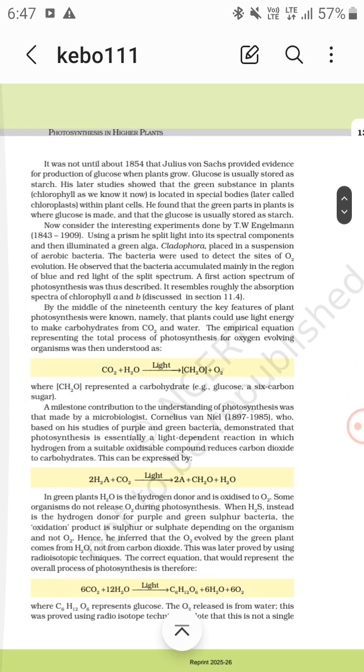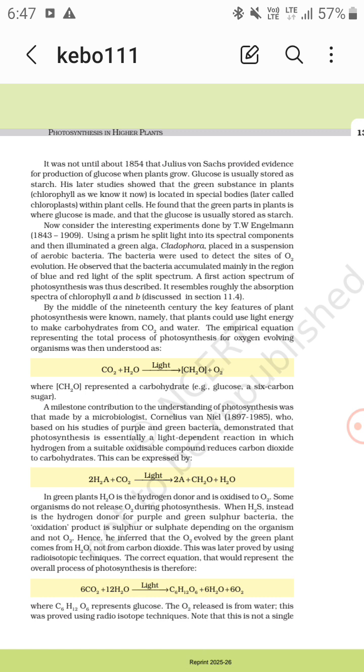Now Engelmann, what did he do? He took the green alga Cladophora in a suspension of aerobic bacteria. The bacteria detect the site of O2 evolution, right? He observed that the bacteria accumulated mainly in the regions of blue and red light of the split spectrum.